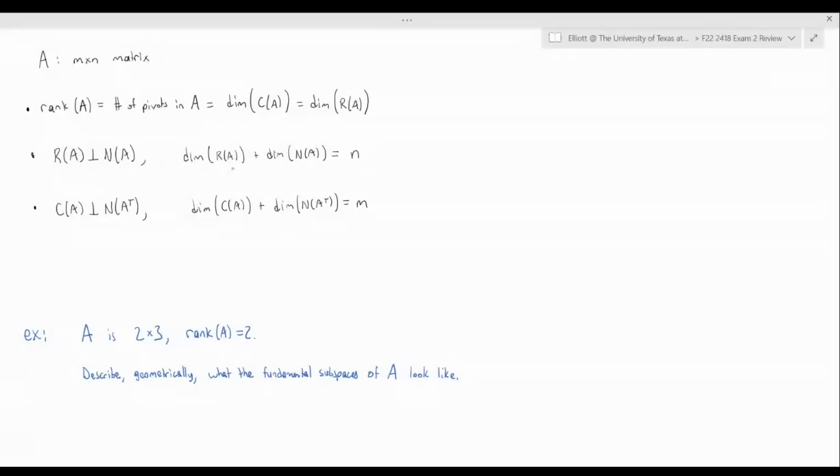And also their dimensions of the row space and null space always add up to be equal to n, okay? And similarly, the column space and the left null space, those guys are also orthogonal complements. So not only are they orthogonal to each other, but their dimensions are always going to add up to be equal to n as well, okay?